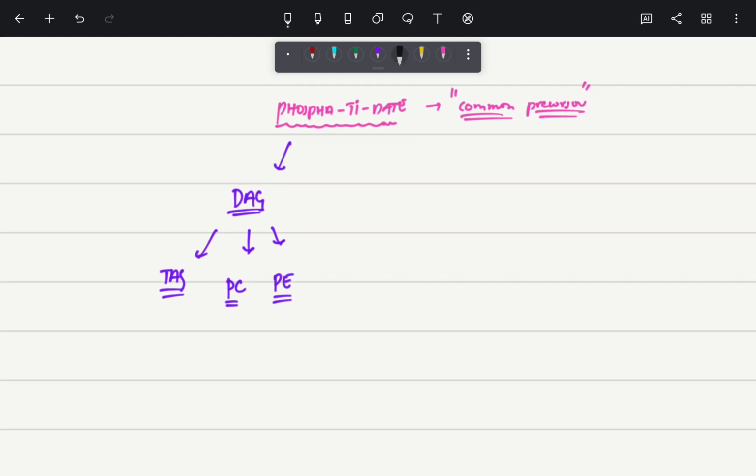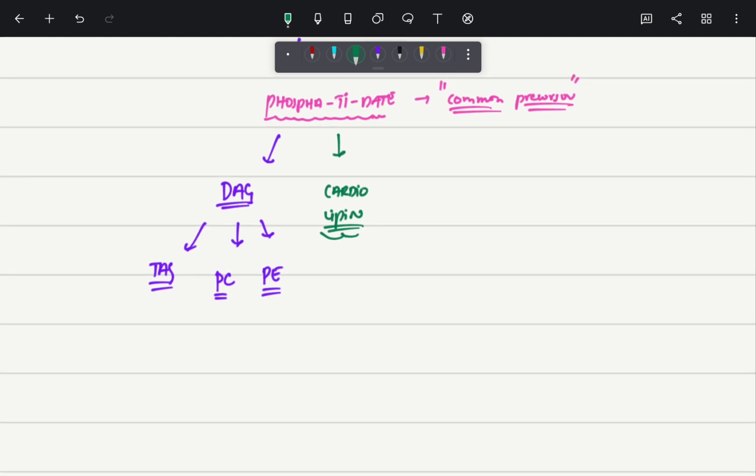And not only that, from this phosphatidate we can also synthesize a compound called cardiolipin. Now why is this important? Cardiolipin is usually present in the inner leaflet of your mitochondria.